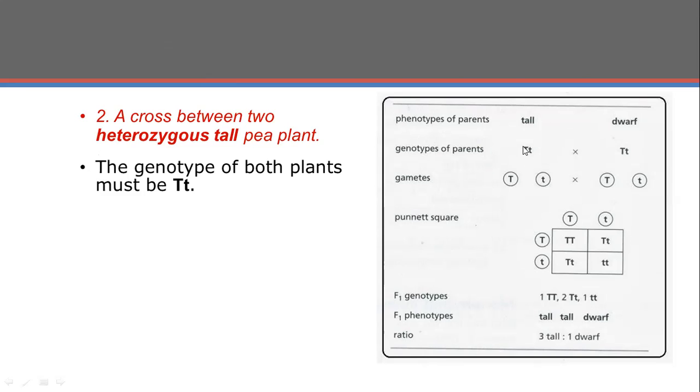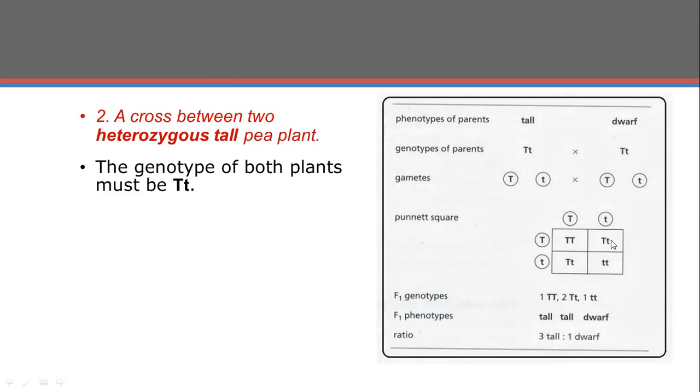So the genotype is capital T, small t, capital T, small t, and the gametes will be capital T, small t in circles. Figure it out on the Punnett square, adding them. Let's count the genotypes we have. We have capital T, capital T, one only.